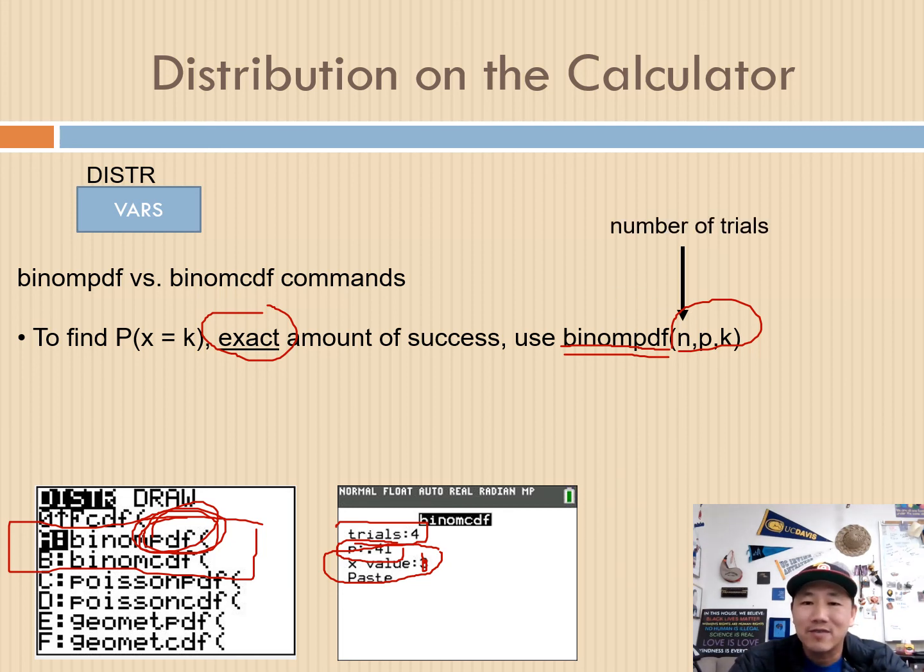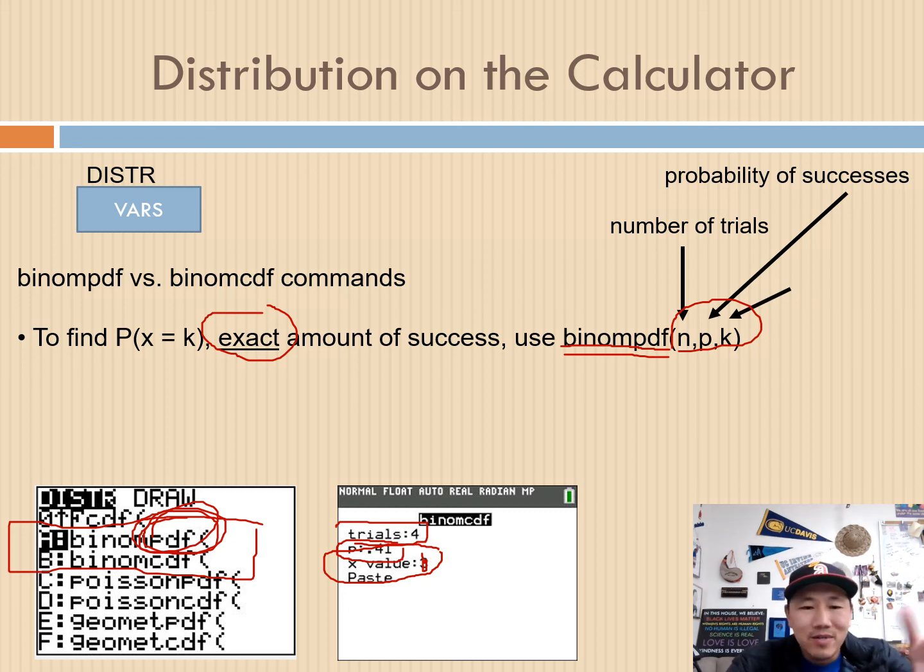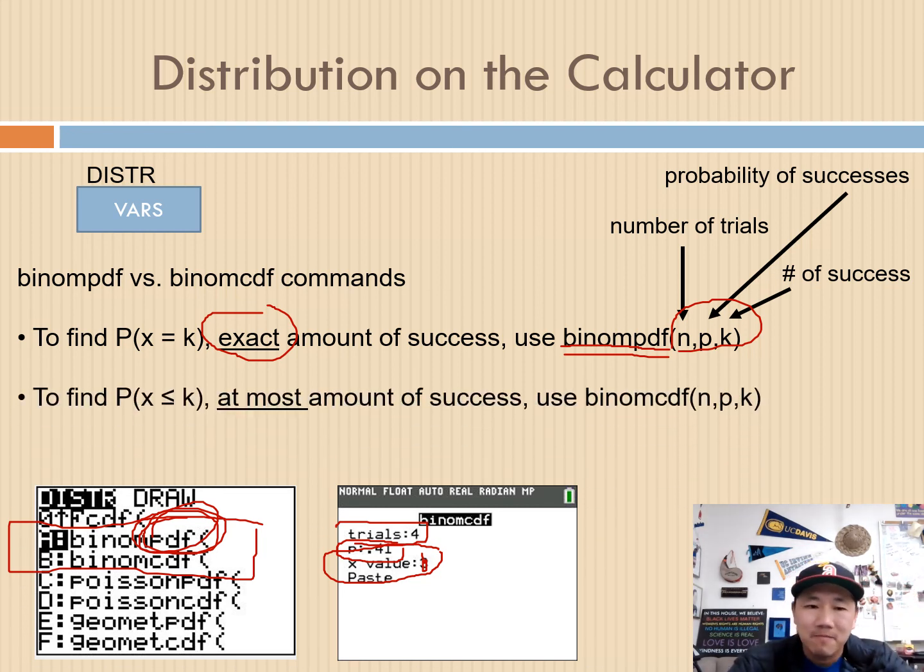The N stands for the number of trials. The P stands for the probability of success. The K, it wasn't K, it was X, the number of successes. And so you use that for the exact amount of successes.